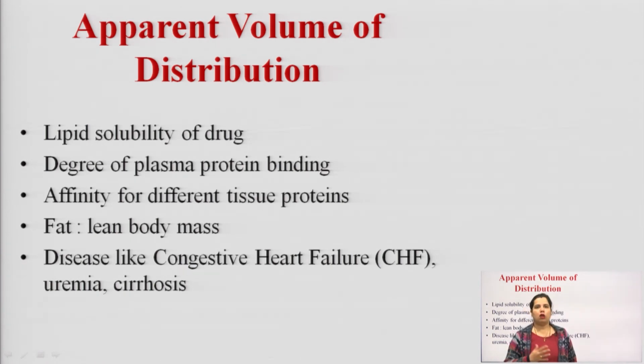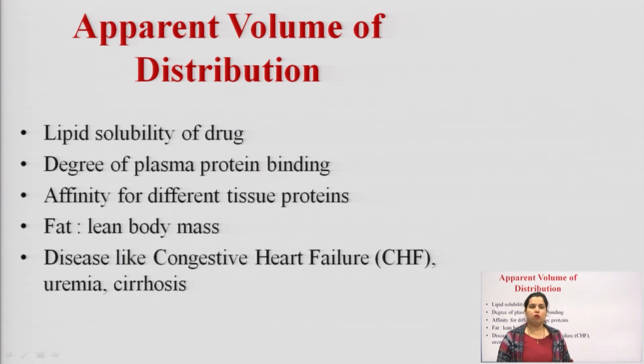Fat, lean body mass or heavy mass is also affecting drug absorption in the body. Diseases like congestive heart failure, uremia and cirrhosis severely affect the drug distribution within the body compartments, as they alter the functions of vital organs. So, it may affect the distribution pattern.